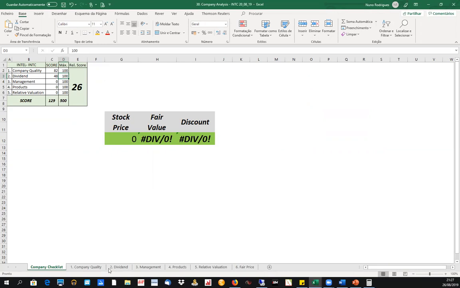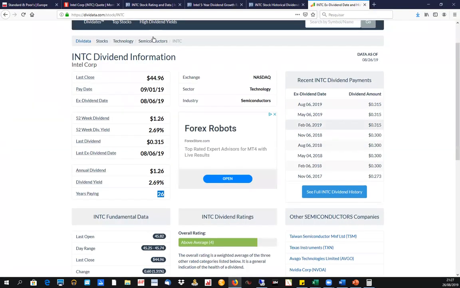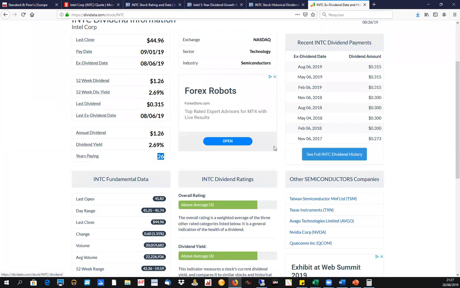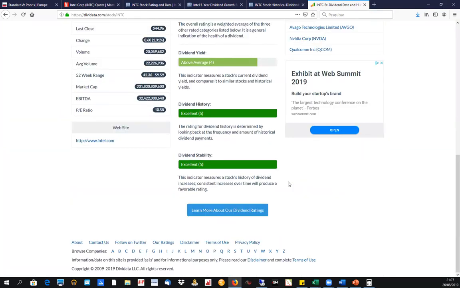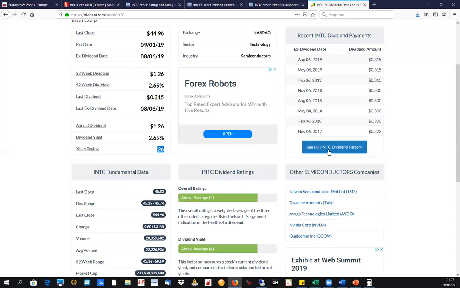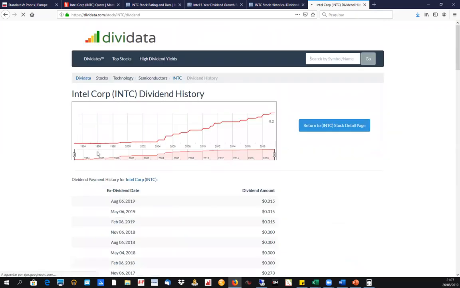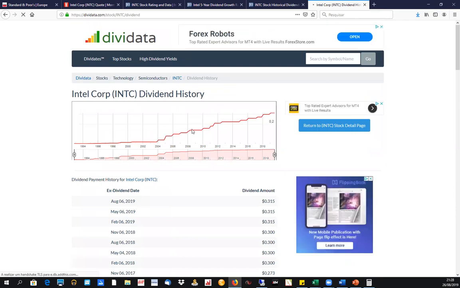Now, you can use DV data to see the dividend history for Intel. We have the chart here, and we can see the company has always been increasing its dividend over the past 26 years. This is what we really want to see.